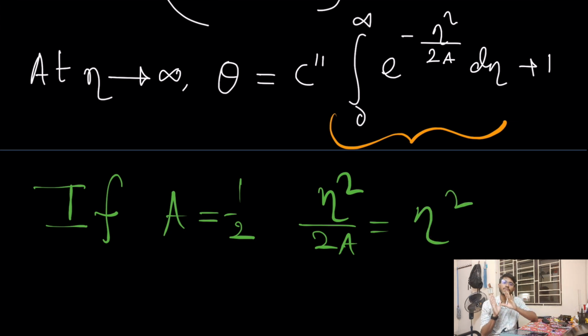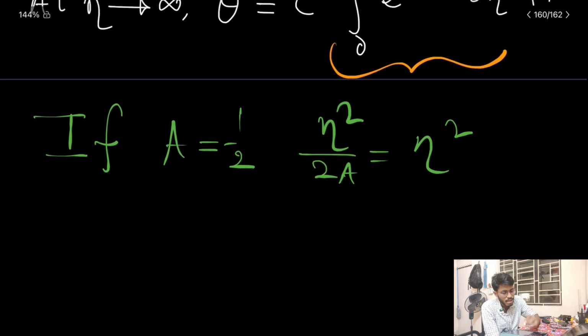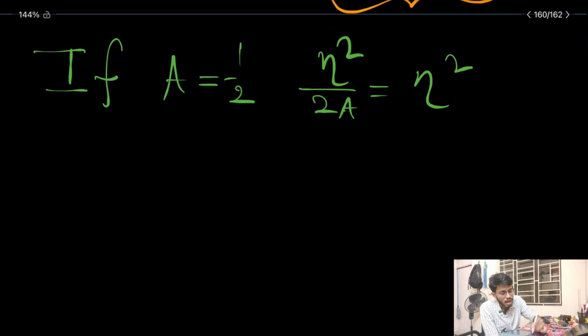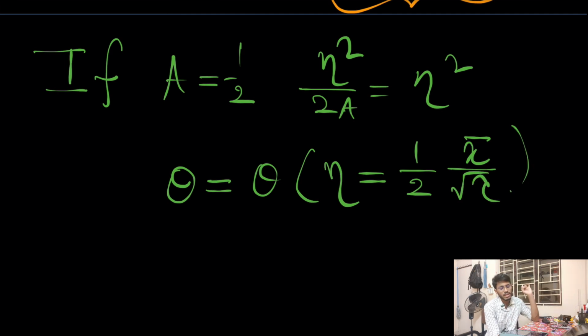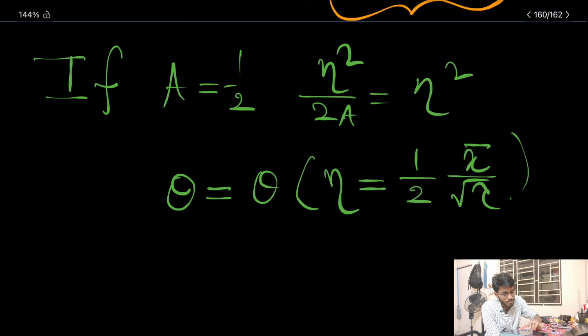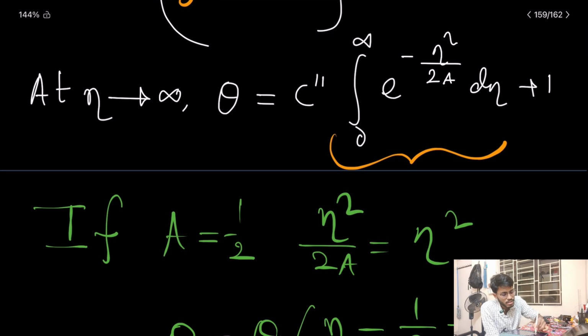Just for the mathematical simplicity, you can take a equal to 1 lakh, 2 lakh, 1 crore, anything, any constant. But just for the simplicity in the mathematical calculation, I am taking a is equal to half, and then theta is a function of eta, and my eta becomes 1 by 2 x bar by root tau. Clear? Just for simplicity.